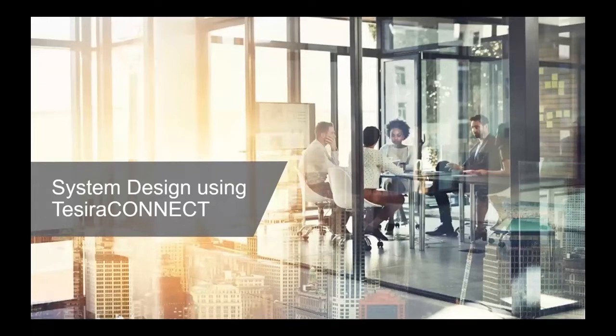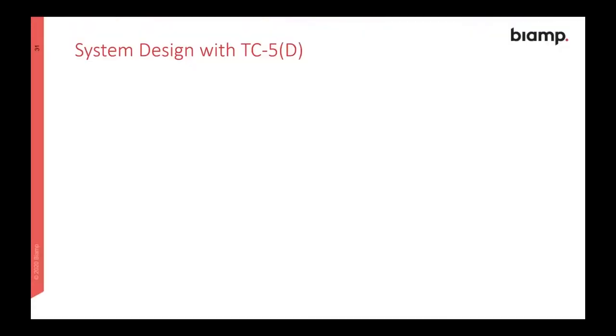So let's look at system design using TesiraCONNECT TC5D. One of the first things to keep in mind is that you should look at building an AVB based system rather than a Dante based system. You may be aware that we offer a range of DSPs, from Tesira Server with AVB and Dante cards to Tesira Fortes with AVB interfaces and Tesira Dante as well.